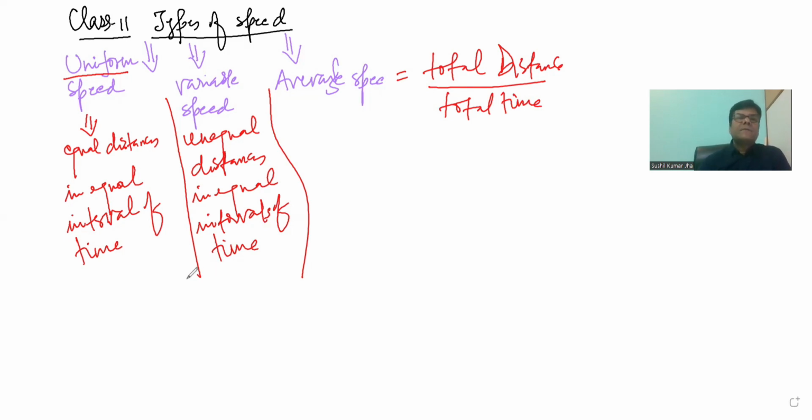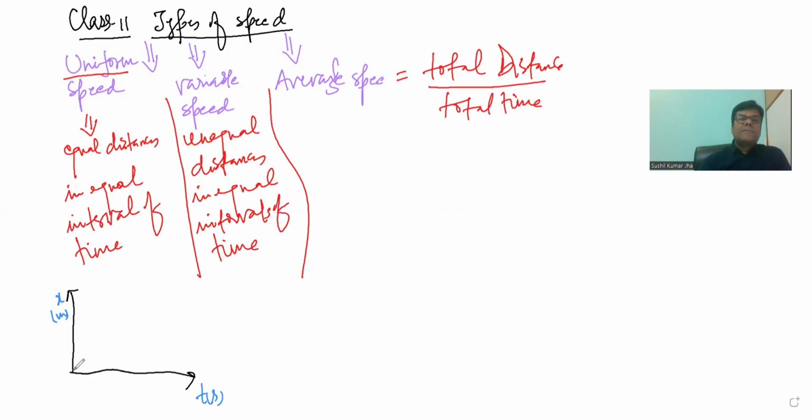Now let's say we want to show this uniform speed with the help of a graph. What we can do is we can have a position time graph, which is, let's say, x in meter, which is our distance, and time in second.